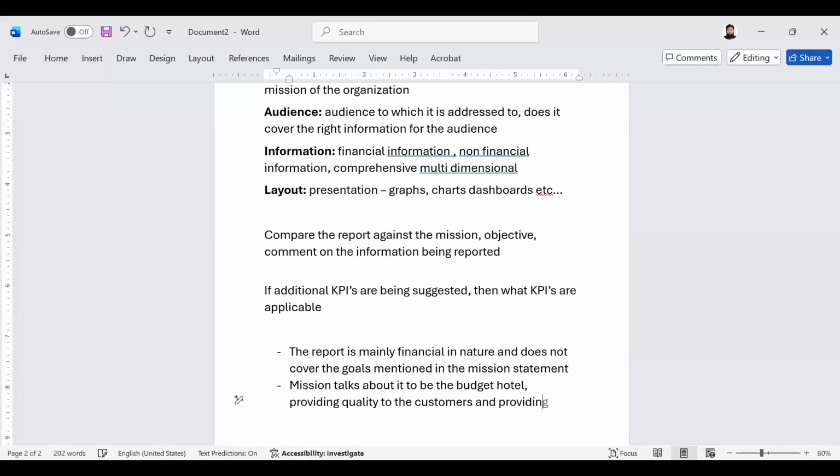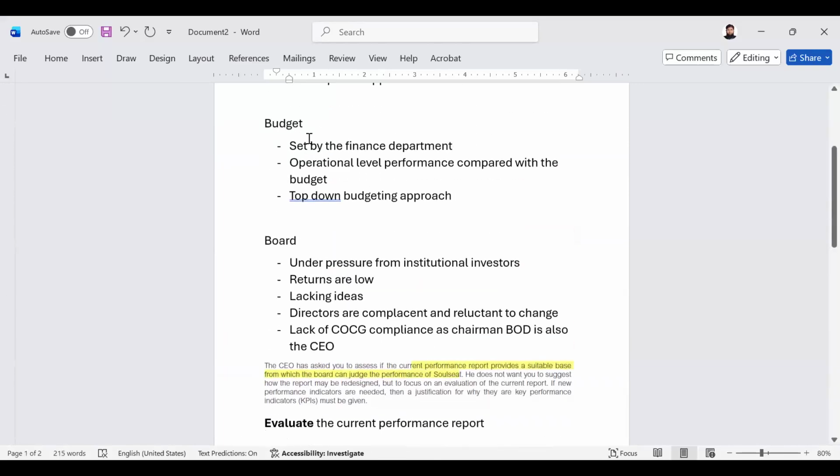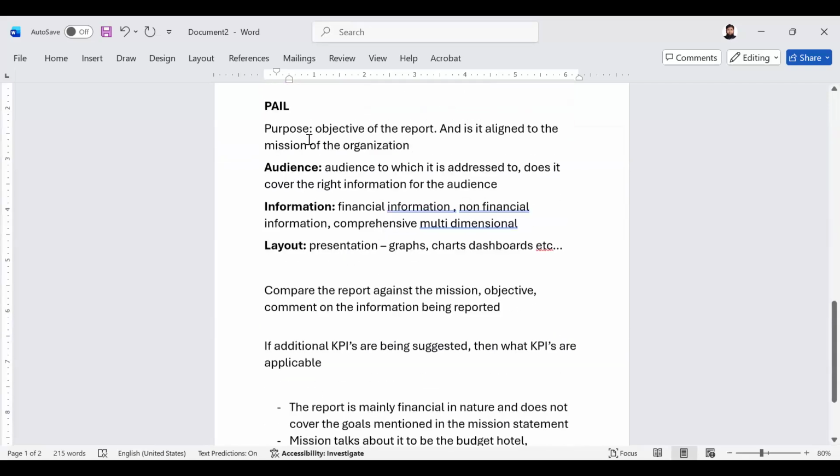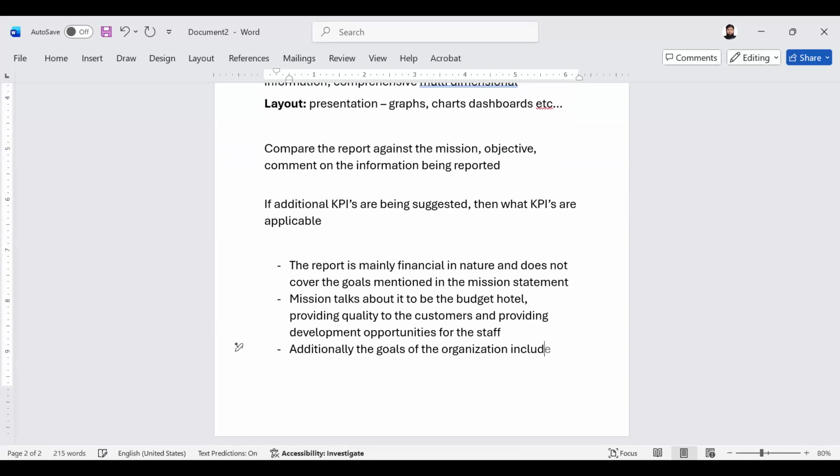And providing development opportunities for the staff. Additionally, the goals of the organization include returns to the shareholders.